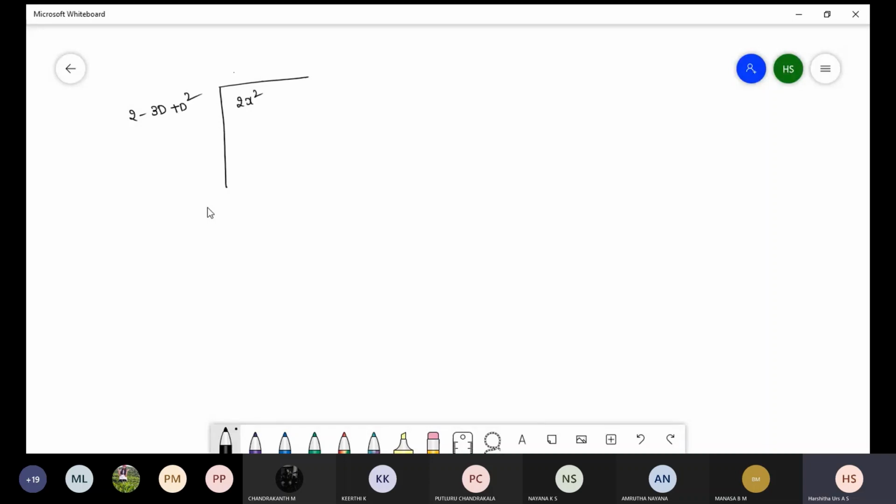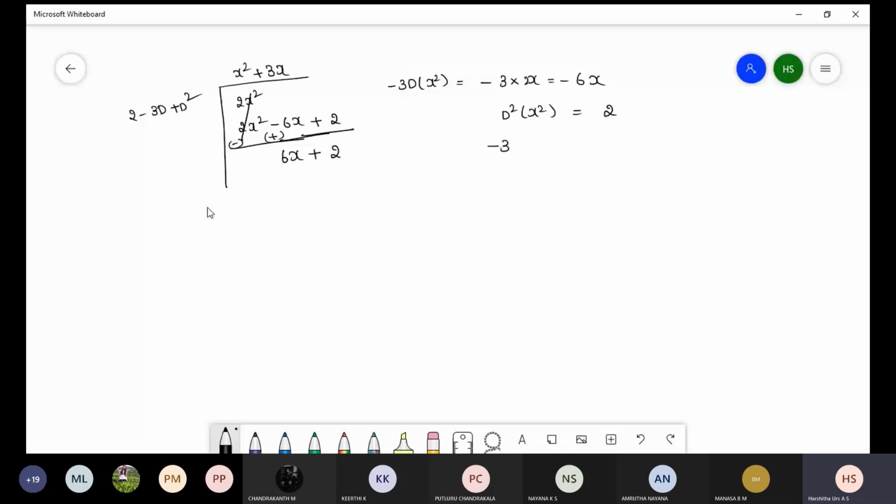So first one here x square: 2x square, minus 3D of x square is minus 3 into 2x, minus 6x. Next, double differentiation of x square is 2. So here I write 2. Again 6x plus 2. So here plus 3x. So minus 3D of 3x is minus 9.